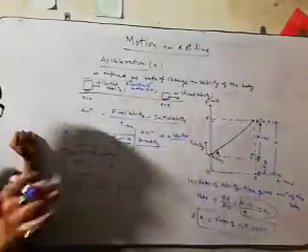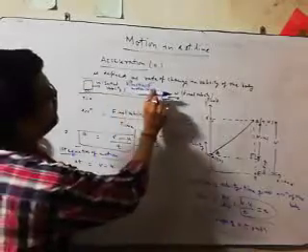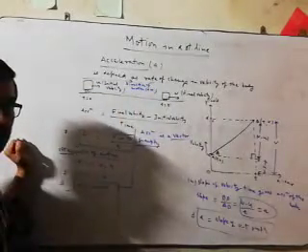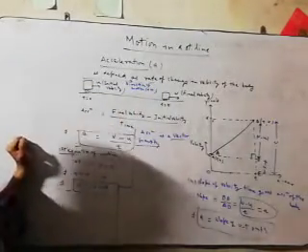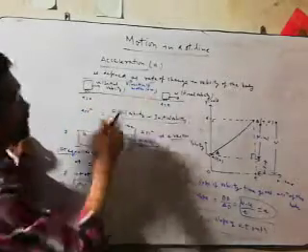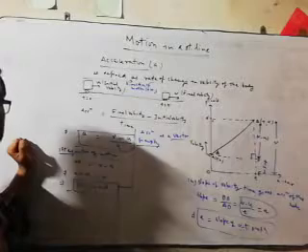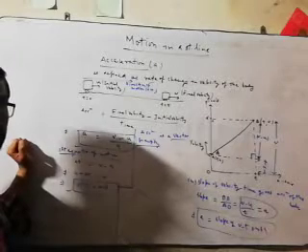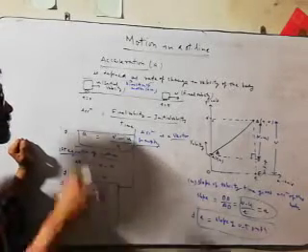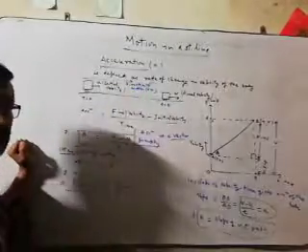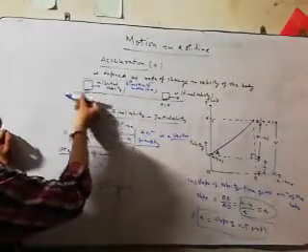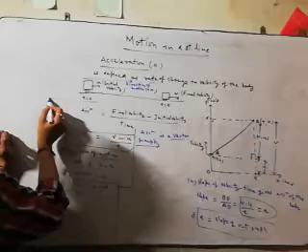So if any acceleration is acting in the direction of motion, what will be the physical sense? The velocity will be increased. In that case, we say it is positive acceleration. But if the acceleration is acting against the direction of motion, it could act like this.